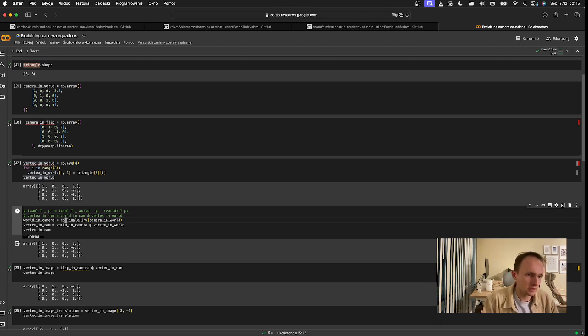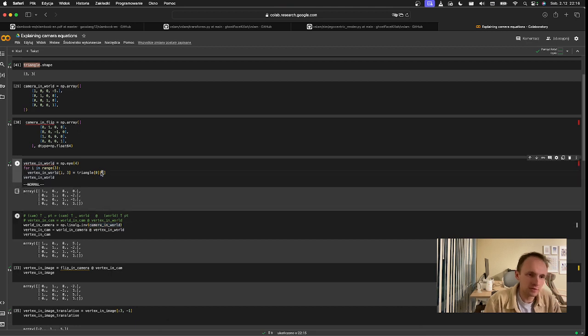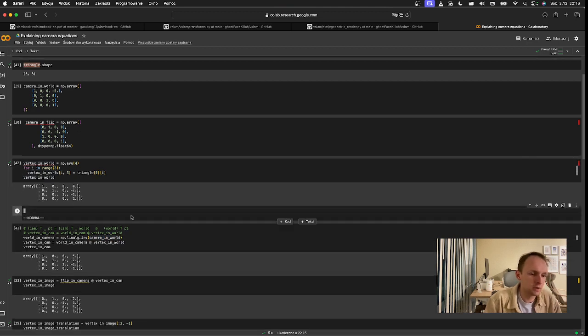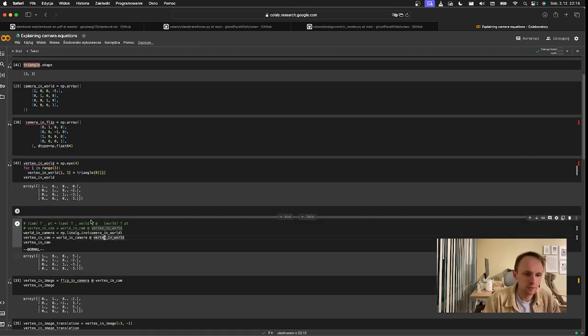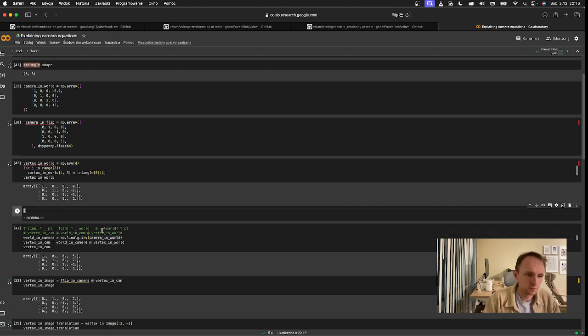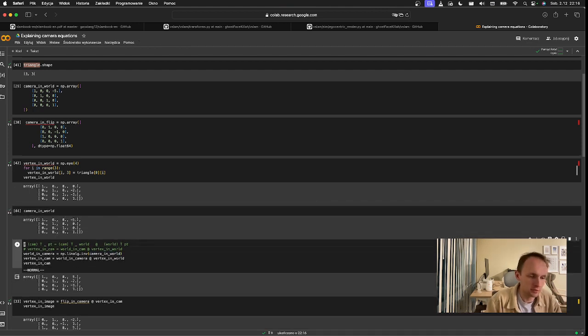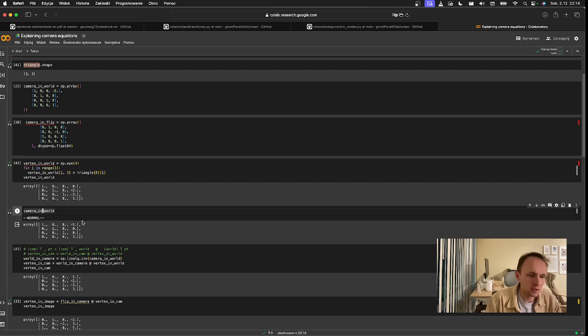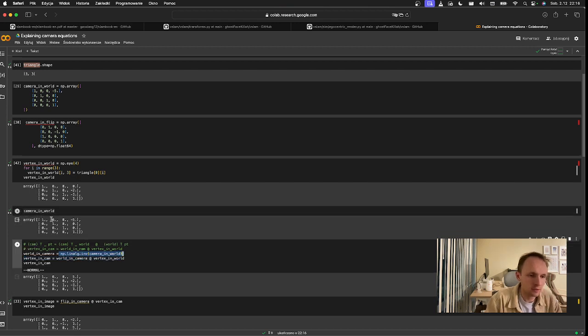So okay, I need world in camera. I get it by inverting the camera in world. Let's just validate it real quick to see how it works. So cam in world is this, and then if I invert it, how does it look like?